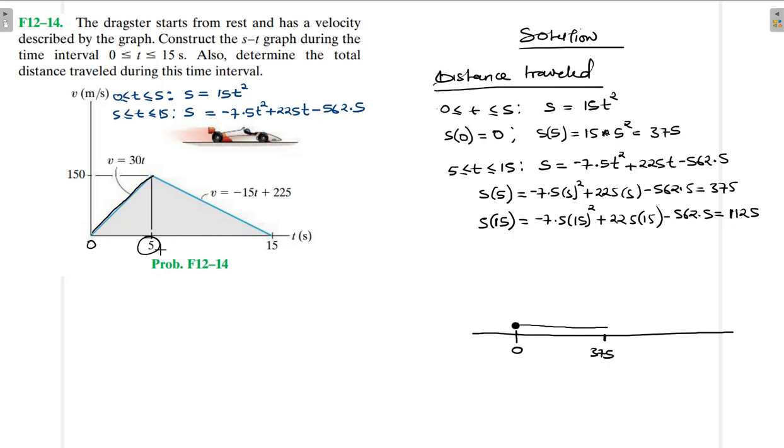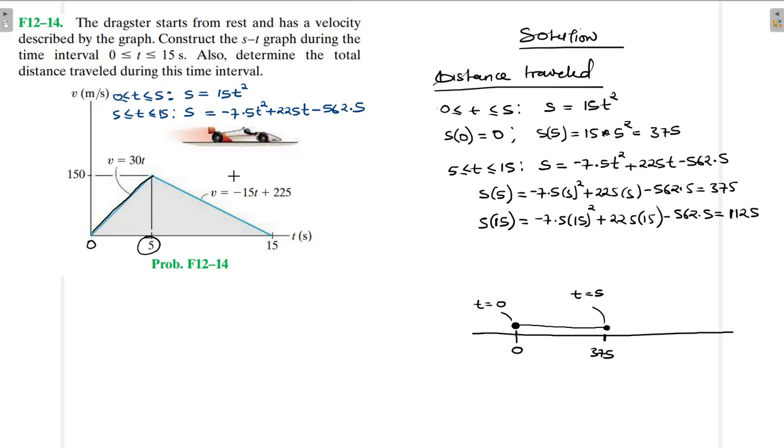So here t is equal to 0. Then at this point t is equal to 5. So we shift the equation at t is equal to 5.